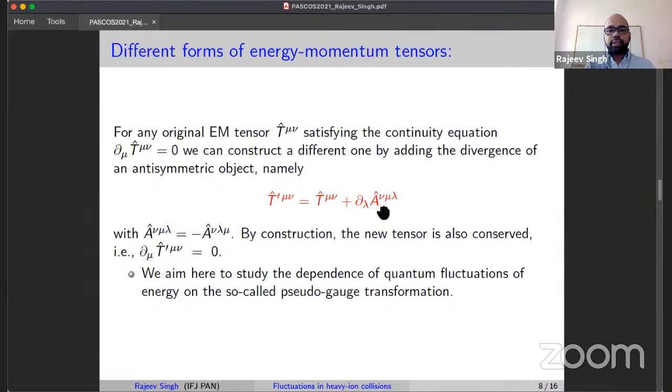Our goal here is that there are various forms of pseudo-gauge transformation, and because of that we can have various forms of symmetric T mu nu. Which one is better, or whether none of them is fundamental enough to comment on that, we will answer by doing the calculation. We aim to study the dependence of these quantum fluctuations on the pseudo-gauge transformation.